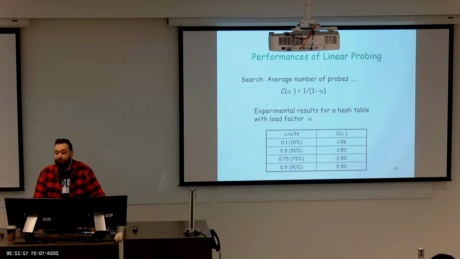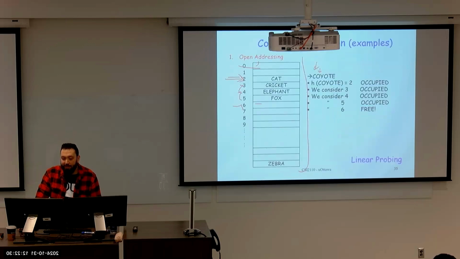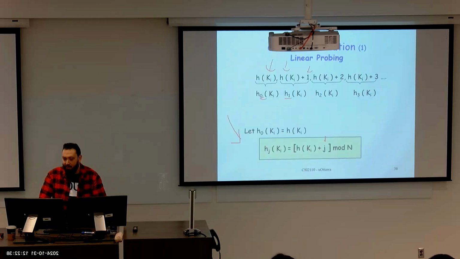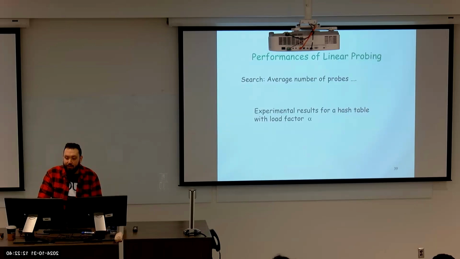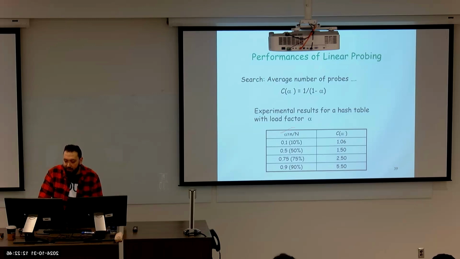So let's go to the actual linear probe. This is the performance, the average number of probes. But there is a problem, right? If I'm using linear probing, I will maybe end up going towards O(n), correct? So this is how I know the average number of probes for linear probing. It's based on the load factor that I usually calculate.